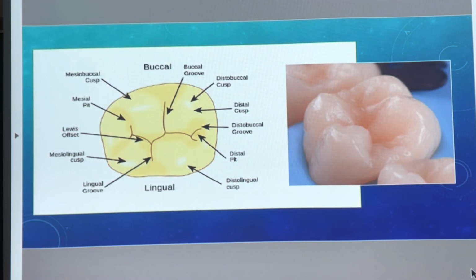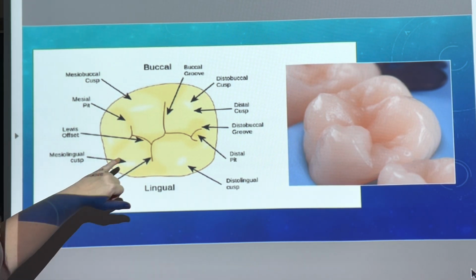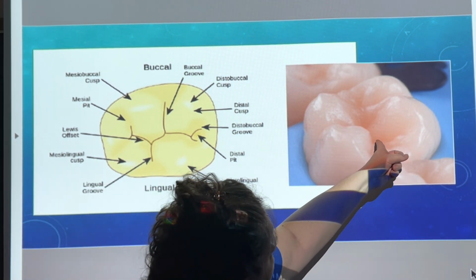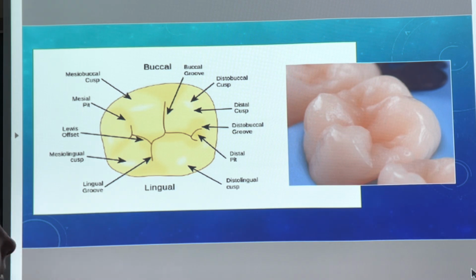All right, a little bit further in detail, we're going to be doing cleanings and fluoride treatments and sealants. So if you're looking at these teeth, you see the pits and the fissures, okay? So the pits would be these little parts here that go down into a pit.